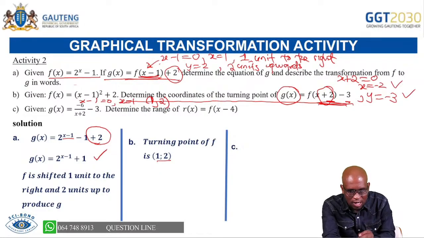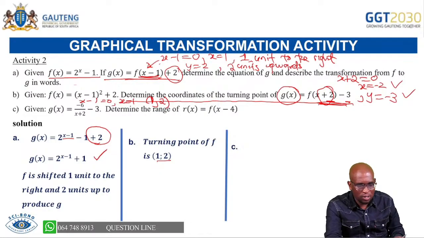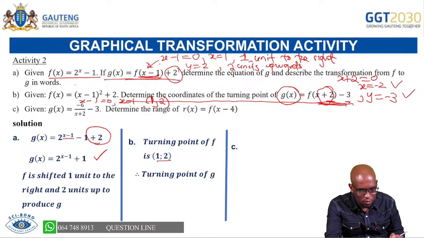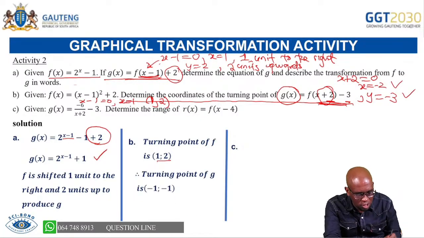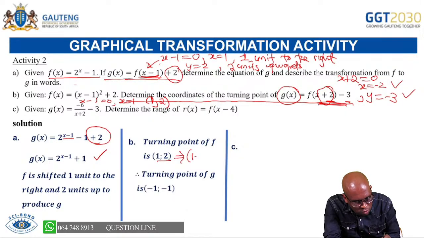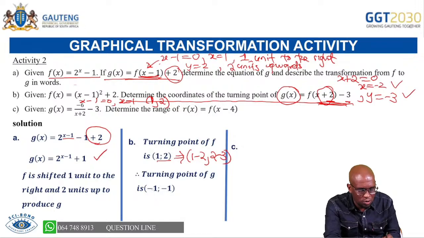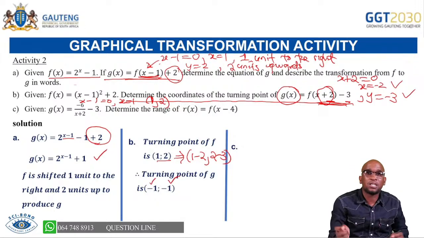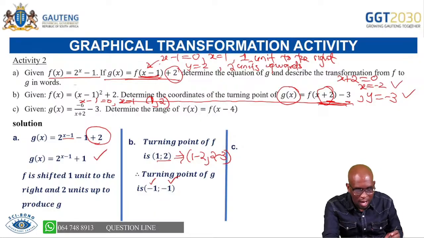I indicated the transformation here. From x, you subtract 2. To get the turning point of G, what are we going to do? We are going to take from x, we subtract 2, and then from y, we subtract 3. So if we do that, we get negative 1 and negative 1. That is the new turning point.